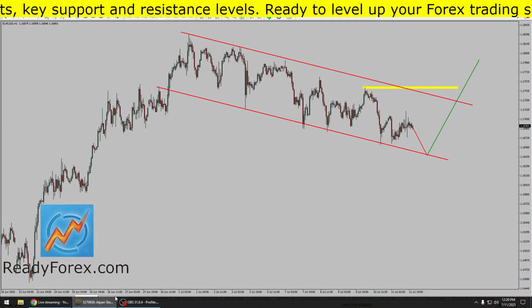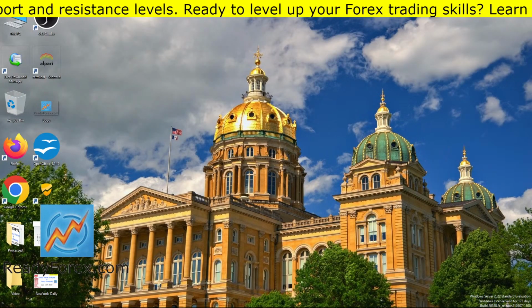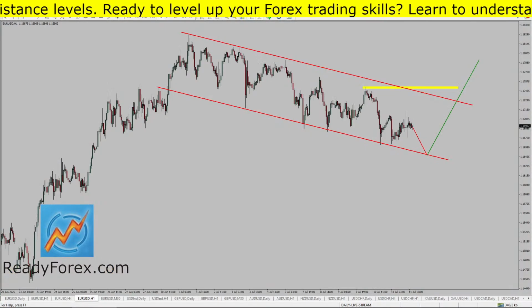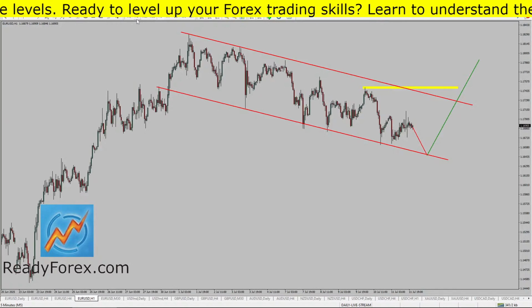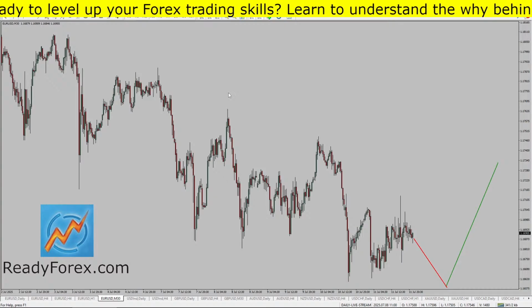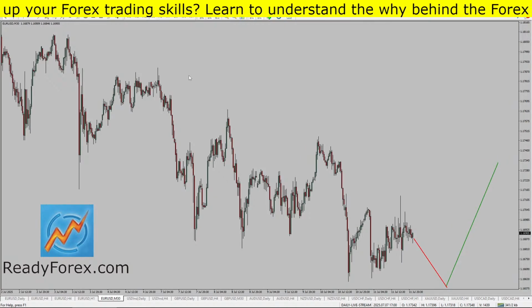Okay, let me show you the wave analysis over here. Go over to the 30 minutes chart. So over here, this is the 30 minutes time frame.